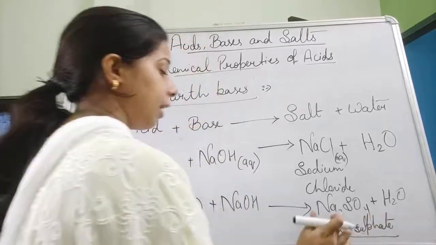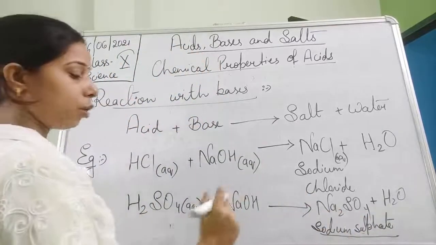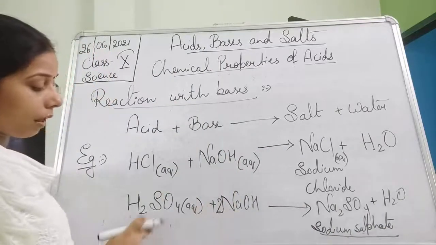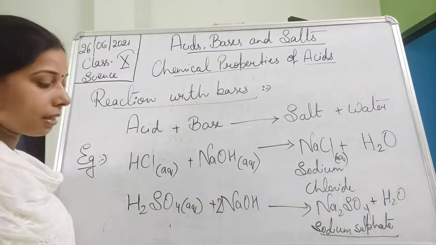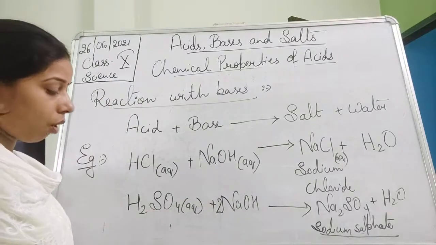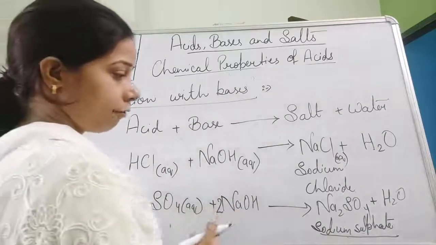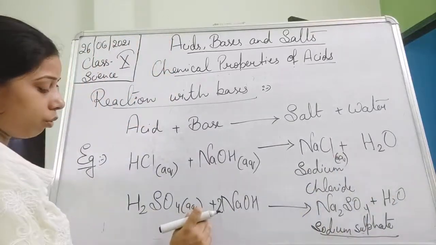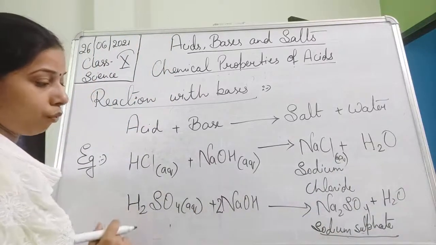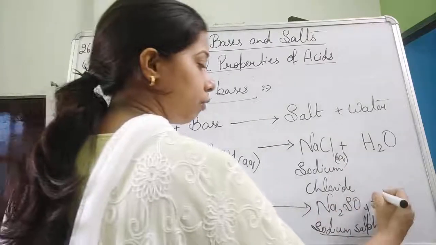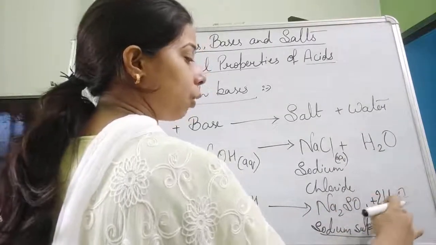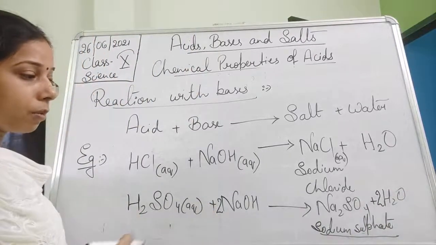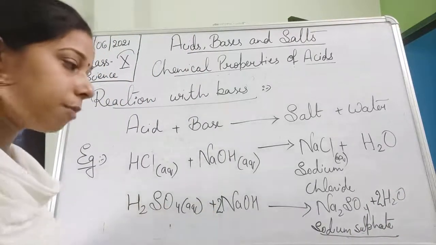Now we will balance it. How many Na are there? There are 2 Na on the right, so we write 2 NaOH. S is balanced on both sides. Oxygen: 4 plus 2 is 6 on the left, but the right has only 5. Hydrogen is 2 and 2, so 4. So we write 2 in front of H2O. Now oxygen becomes 6, hydrogen becomes 4, sodium becomes 2, and sulfur is the same. Now it is balanced, students.